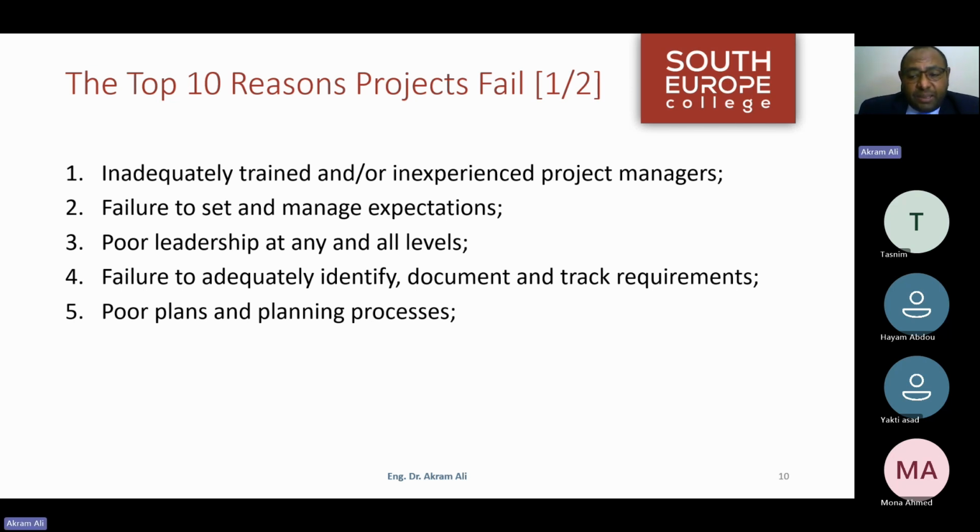So failure to set and manage expectations. This has to do with customer expectations and collecting project specifications. Poor leadership at any and all levels. Failure to adequately identify, document, and track requirements.